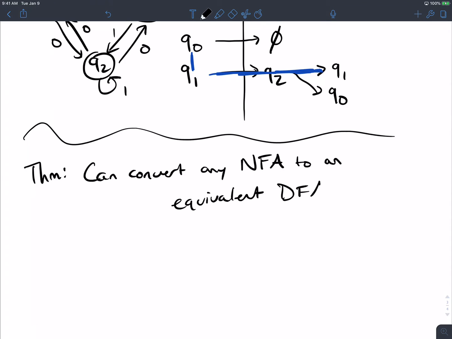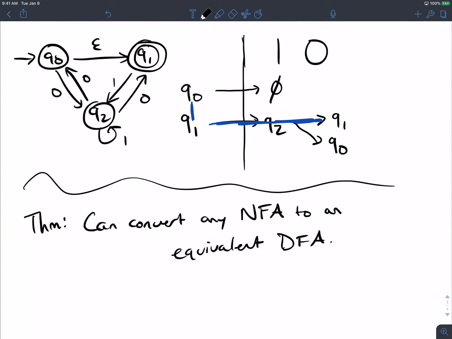And by equivalent here, I mean they have the same language. If we can show this, then we're all set in getting the closure results that we wanted before.